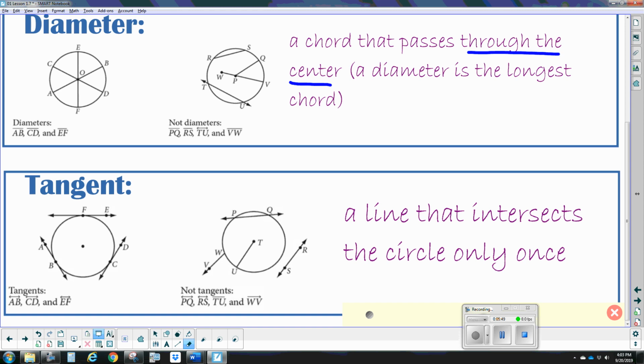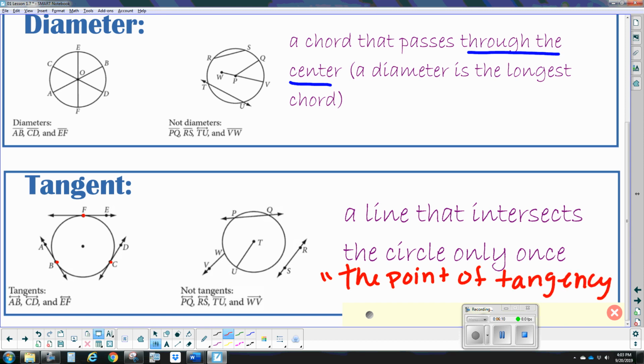They intersect at just a single point, here at point C, here at point B, and here at point F. You'll see this written as the point of tangency. So C is a point of tangency, F is a point of tangency, and B is a point of tangency.